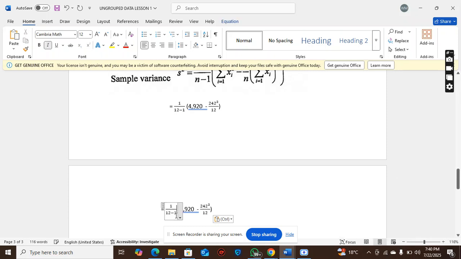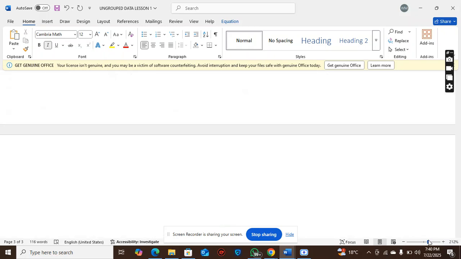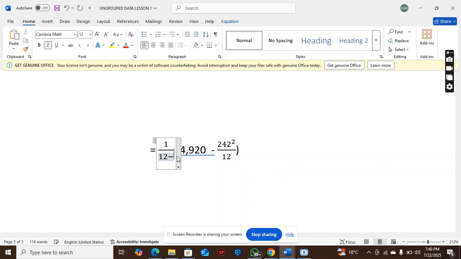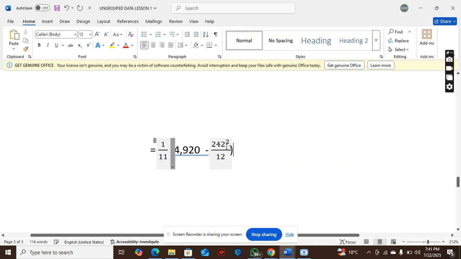So here we say 12 minus 1. Let me zoom in so that we're seeing this. 12 minus 1, that is 11. 242 squared, what do we get?